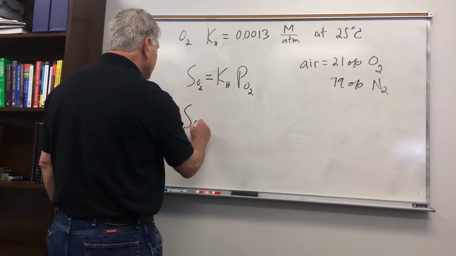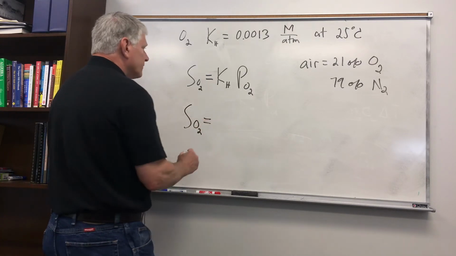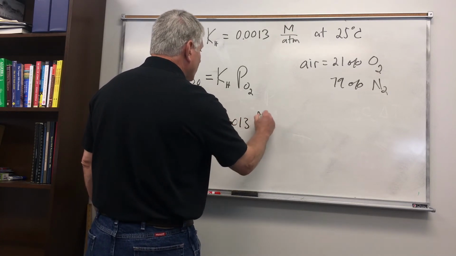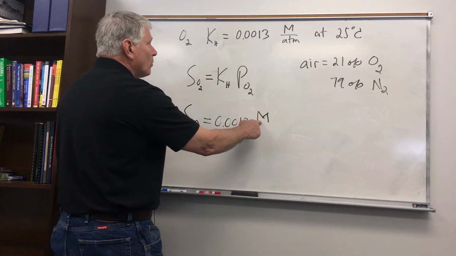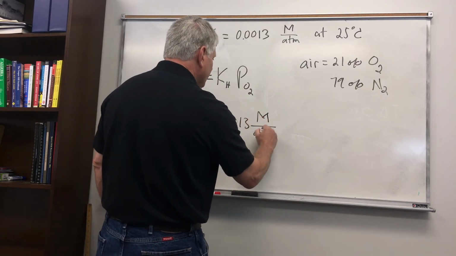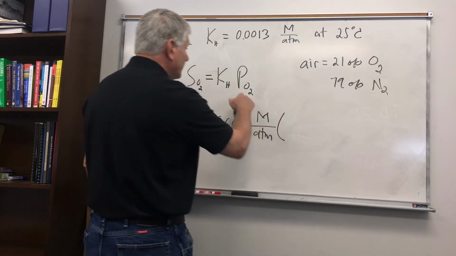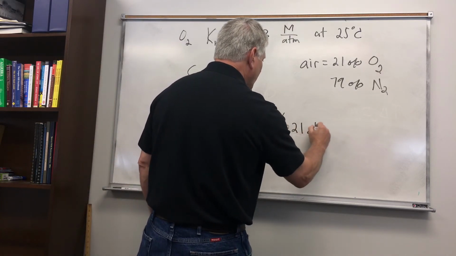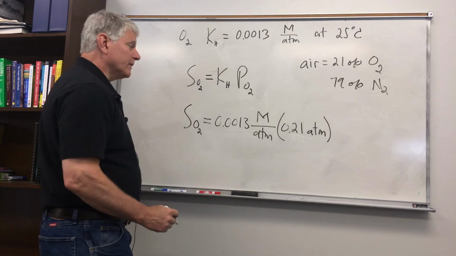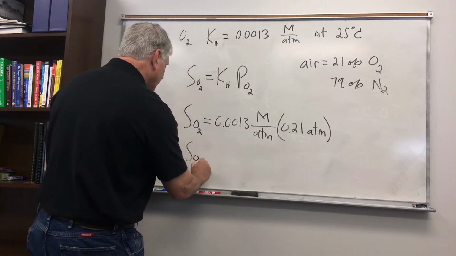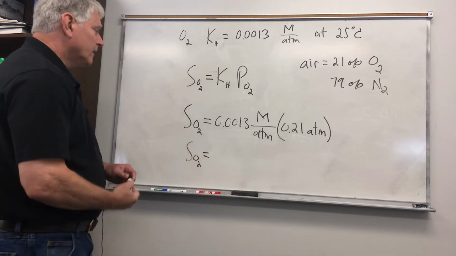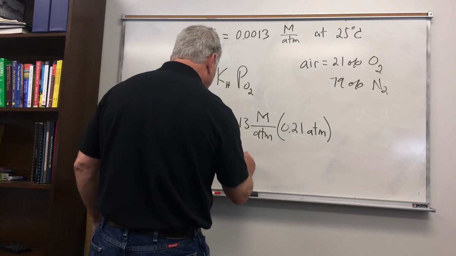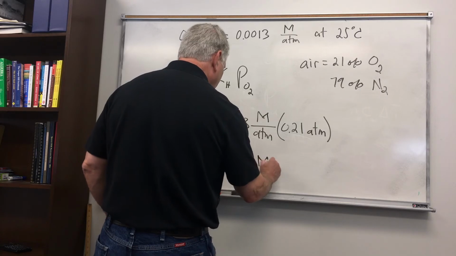So the solubility of oxygen is going to be equal to Henry's law constant, which is in molar per atmosphere, times the partial pressure of oxygen, and at sea level that's 0.21 atmospheres. So the solubility in water for oxygen is equal to 2.7 times 10 to the minus 4th molar.